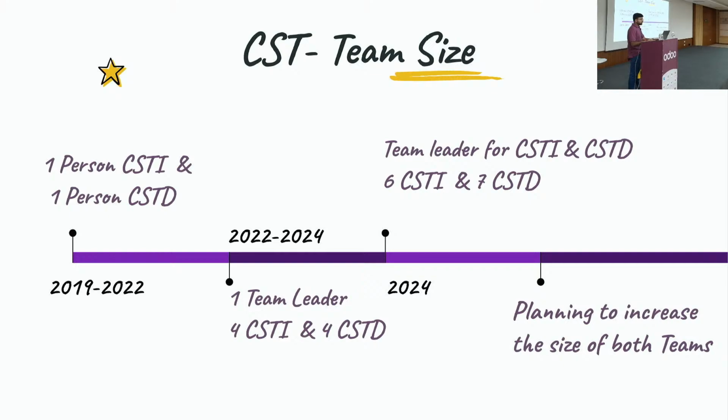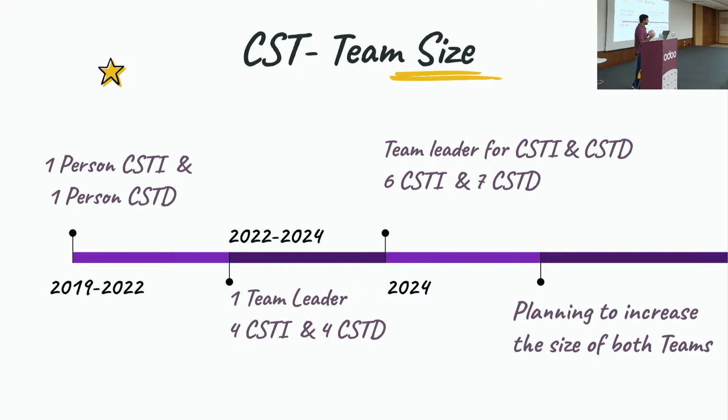Coming to our team size, we started the CST team in 2019 in Odoo India, initially with one person for CST direct and one person for CST indirect. Over a couple of years, till 2022, we increased the team size to 4 persons for each team, and one TL was there.